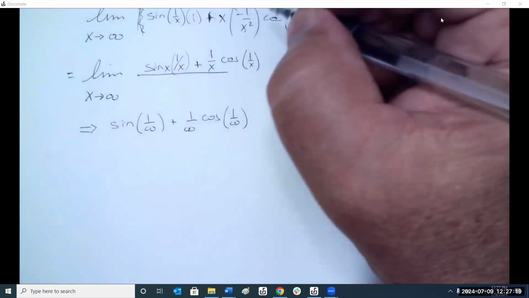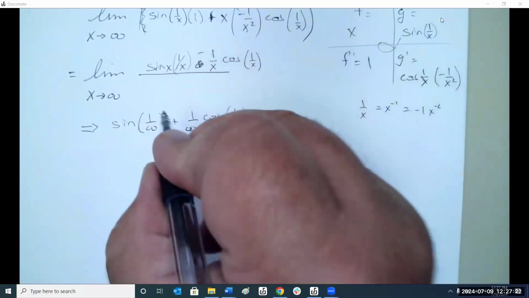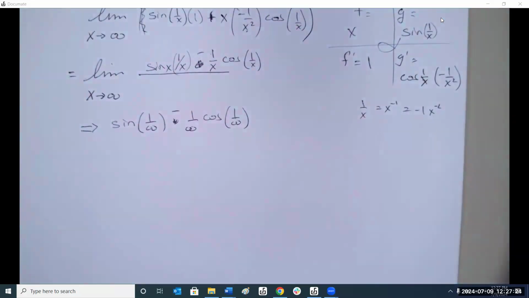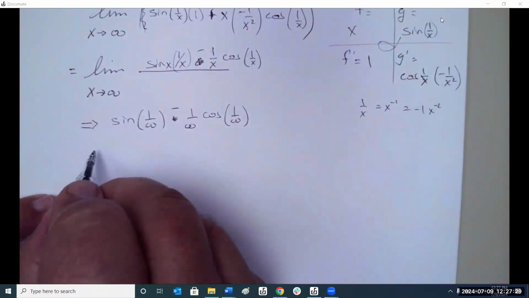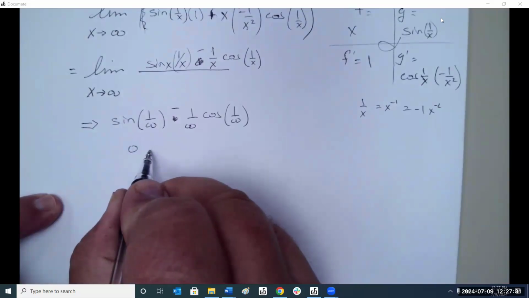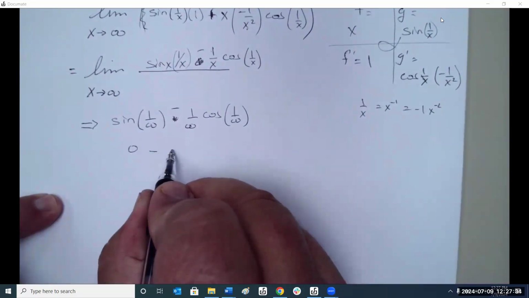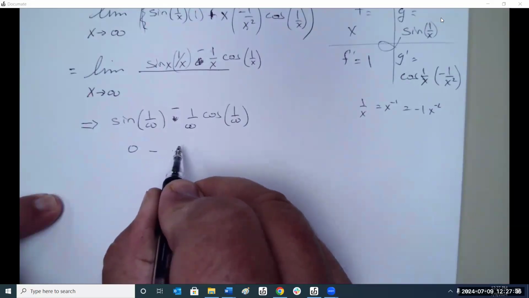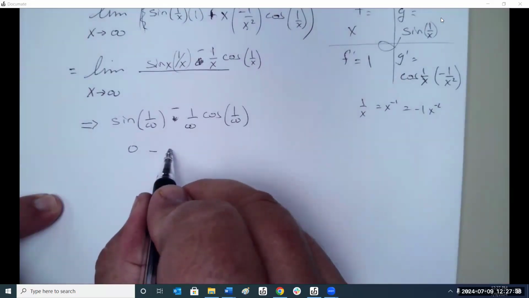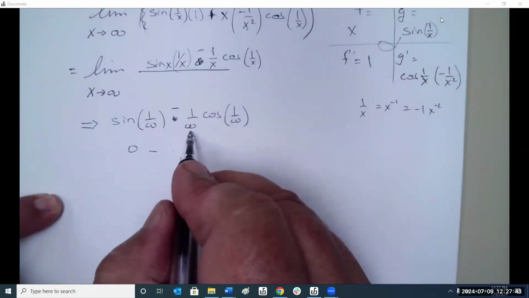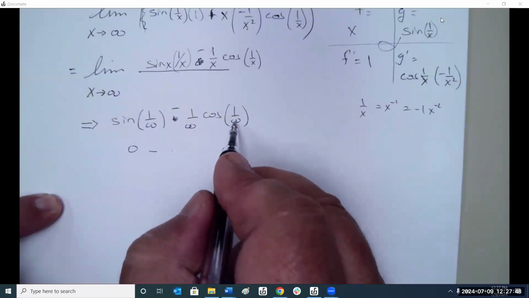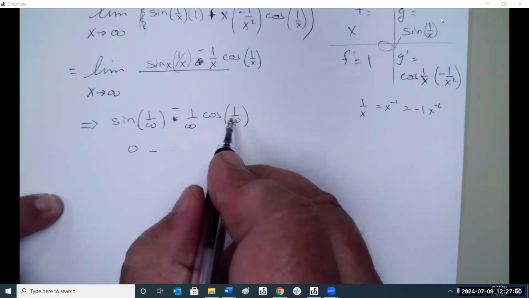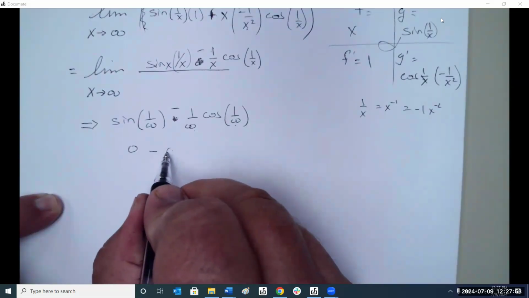Minus plus to quotient, so that's a minus sign. So that becomes 0. One over infinity.